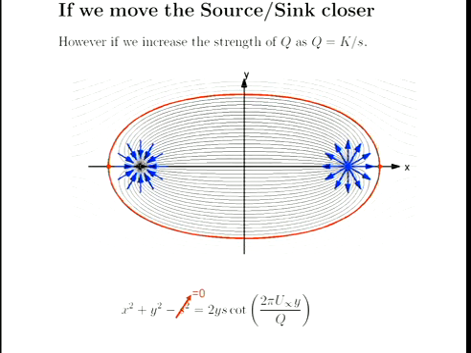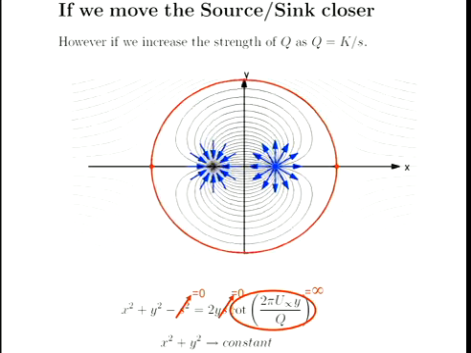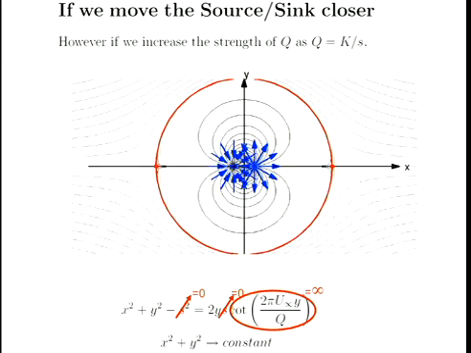So those s's go to 0, this term's going to go to infinity, and you can see that as I bring that source and sink together, the x squared plus y squared is asymptoting towards a constant, okay?